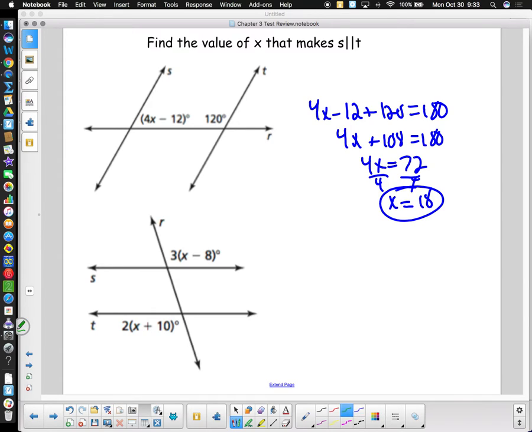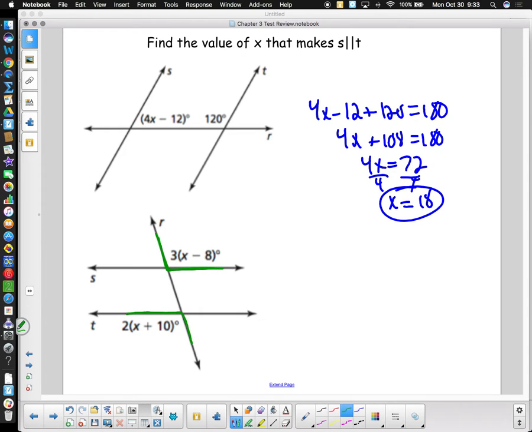How about down here? What do we call that angle pair? What's the name of that one? Alternate exterior. Good. Alternate exterior. They have to be congruent or supplementary in order for the lines to be parallel. Okay, here's a hint. If I look at this angle, is it acute or obtuse?